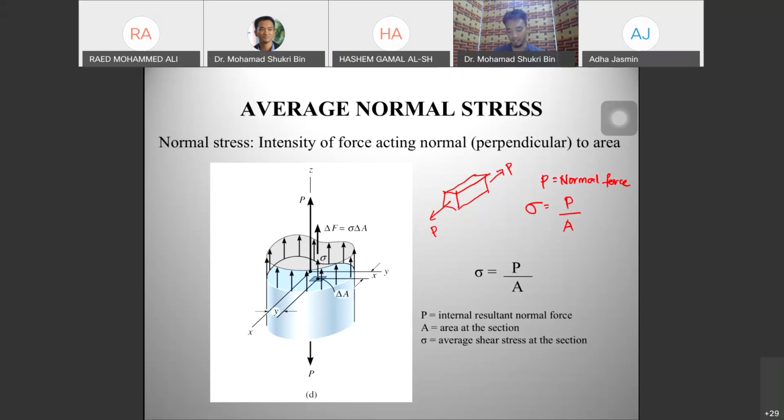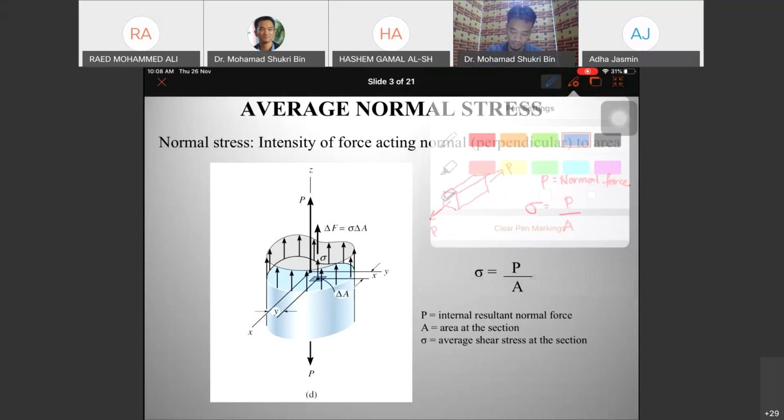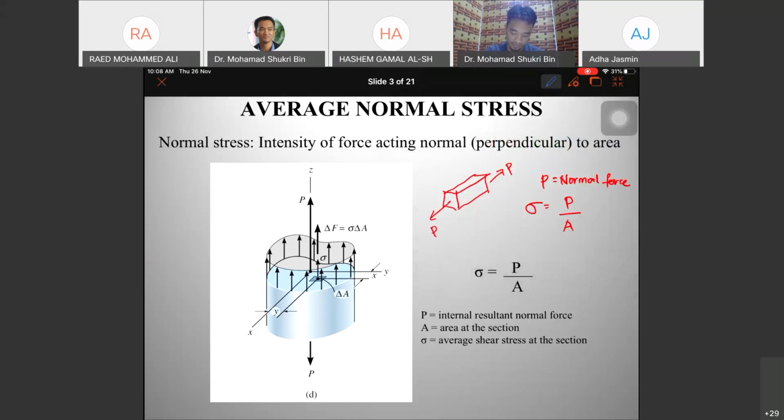So which A? A yang mana? So this A, the A perpendicular to the P. This area, right. This one.